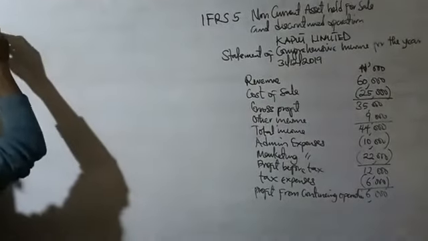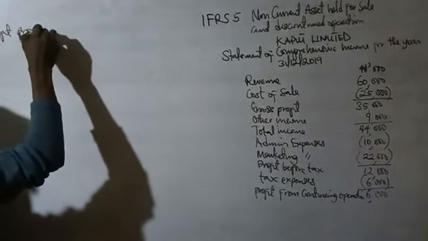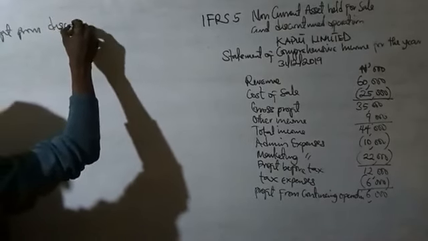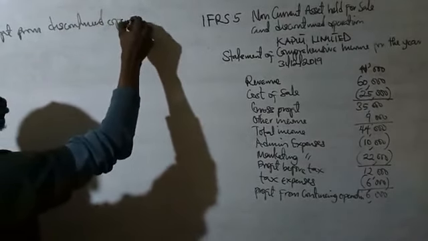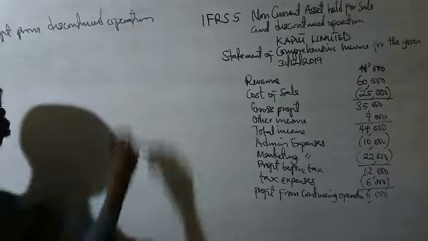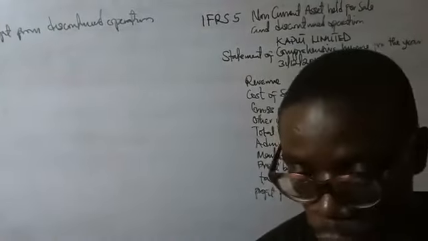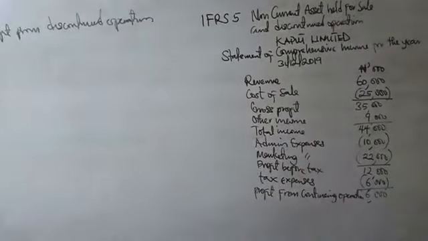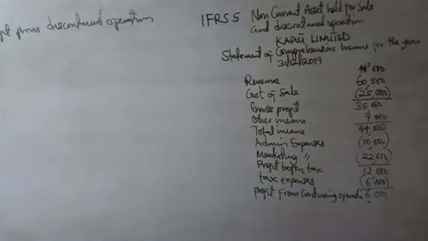That means the profit from the discontinued operation. That's what we want to calculate now.